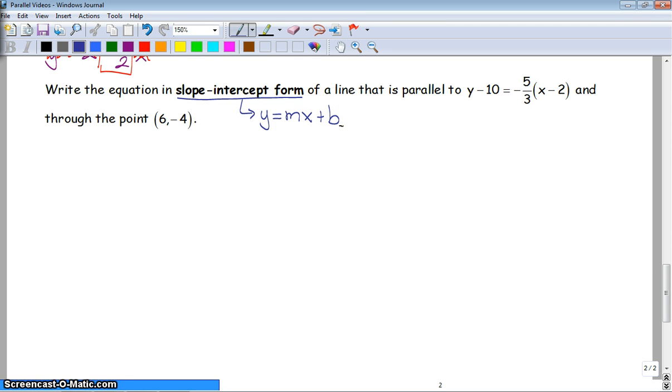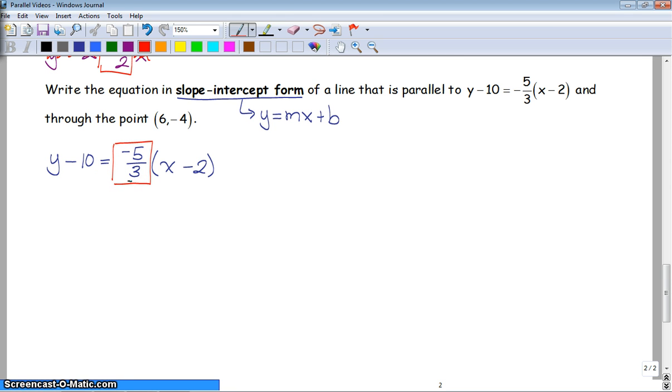We go through the same procedure. First, I need to figure out what is my new slope, or what is my parallel slope, which I can get from the equation they gave to us. If you look, the equation right now is in point-slope form, which means my slope is in front of the parentheses, in front of the x.